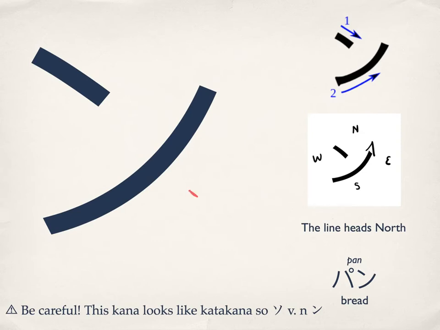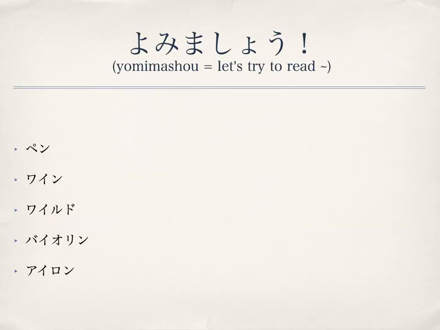That second stroke goes up, so it's ichi, ni, so it goes up like this. That's why the strategy for this is going north, or the line heads north. So goes south, and un goes north. Very common word, pan, which is taken from Portuguese, meaning bread.